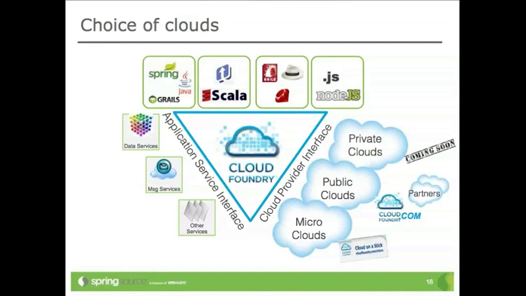There are public clouds. CloudFoundry.com is what we're looking at today. Like I mentioned, some of the partners are running their own public clouds. And coming soon, you'll be able to install a private cloud in your company's data center if you choose to do that.